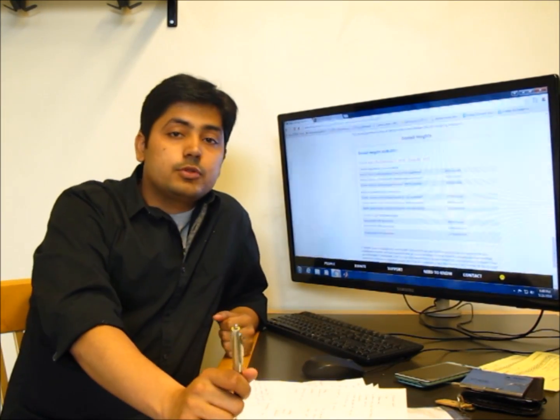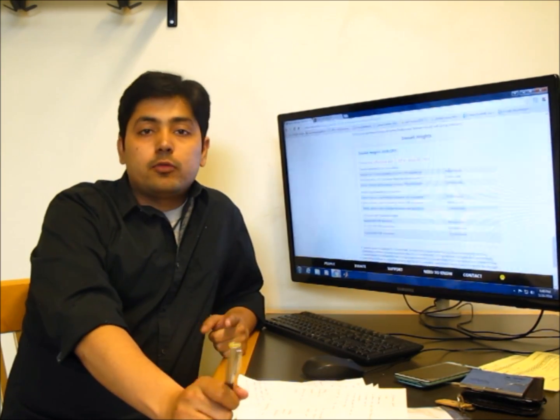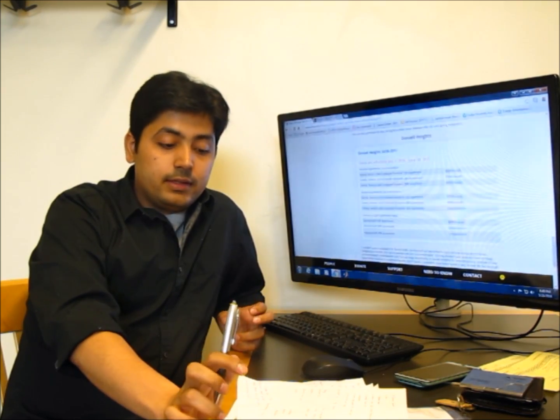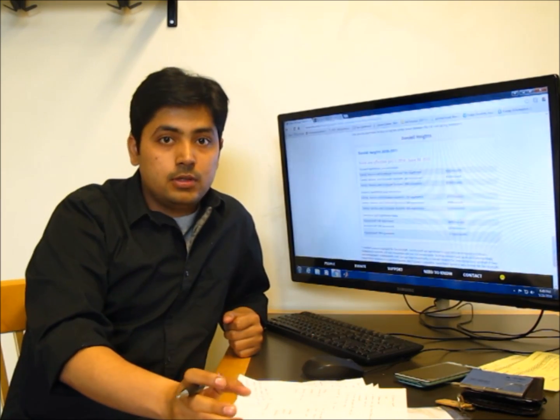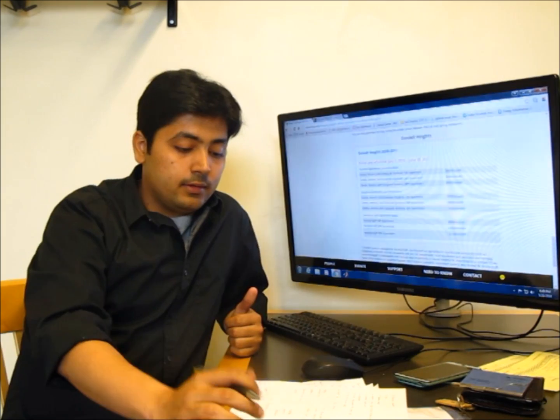Talking about the off-campus accommodations, there is no fixed rent for an off-campus accommodation. The rent, I would say, depends on the proximity of the accommodation to the campus. The nearer it is, the higher the rent. The farther you go, the lower the rent.